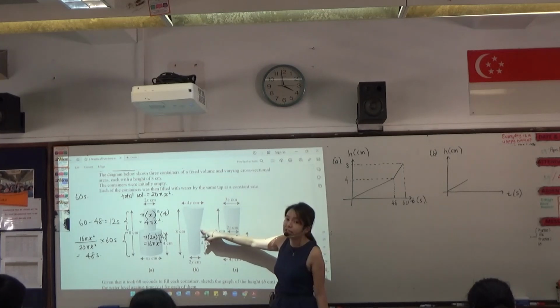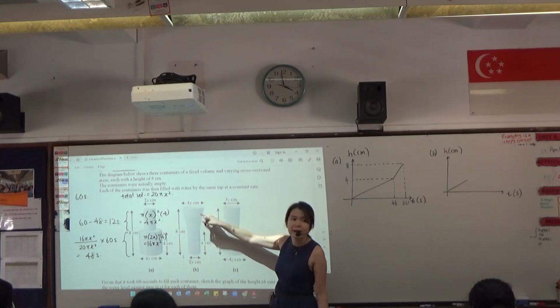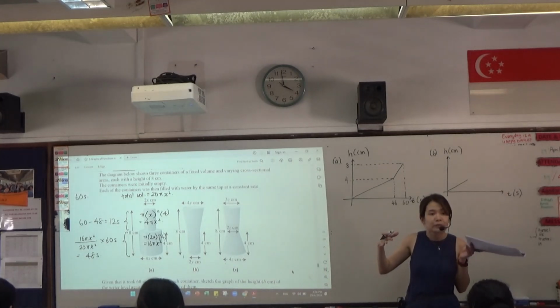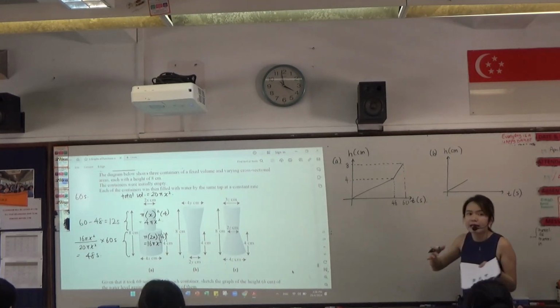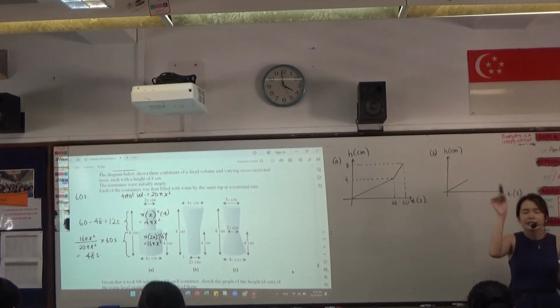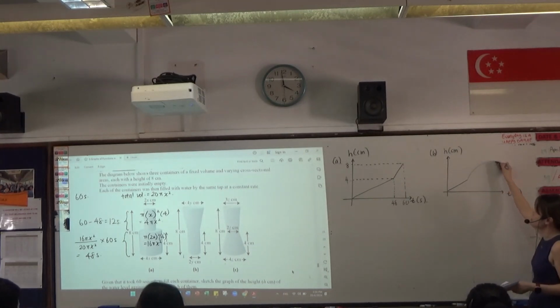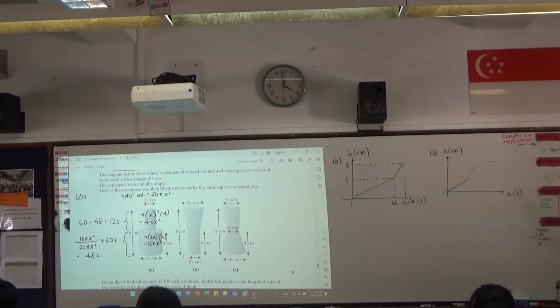Okay, it is getting slower and slower as it goes up because the cross-sectional area is getting wider and wider. Okay, so we will expect that the tangent itself is getting gentler. You cannot draw your graph to look something like that. As mentioned in the distance, time, and speed time graph topic, your graph needs to be smooth.